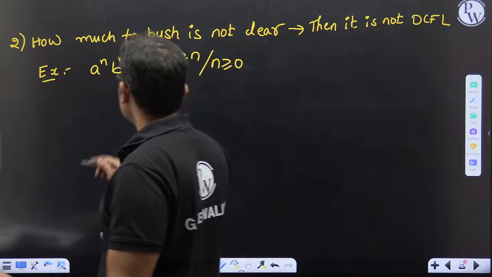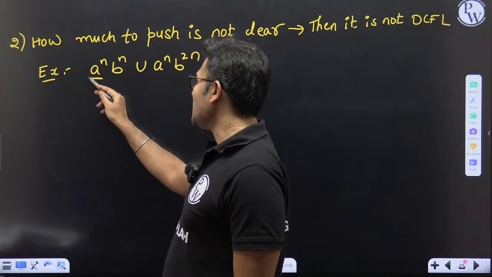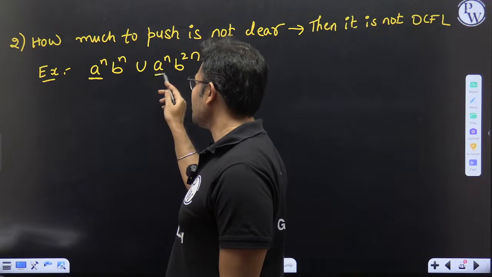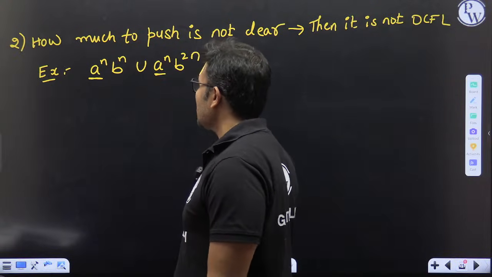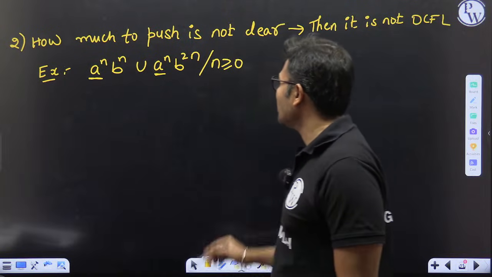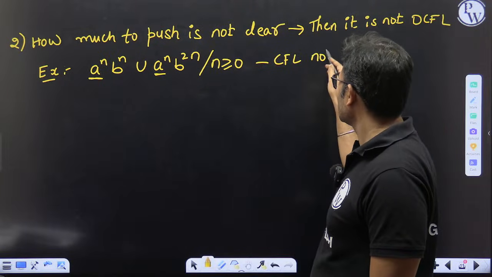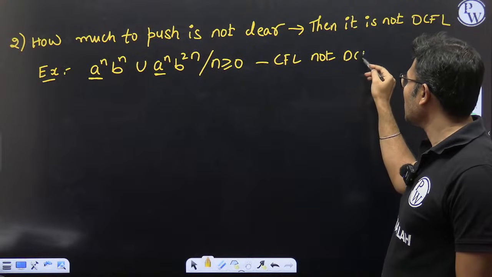So in this, on seeing an a, should I push 2 A's or 1 A is the question. So this language is not DCFL. This language is CFL, not DCFL.